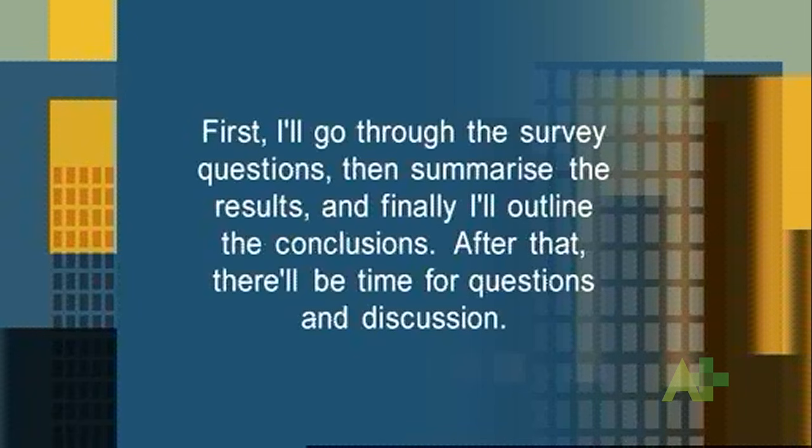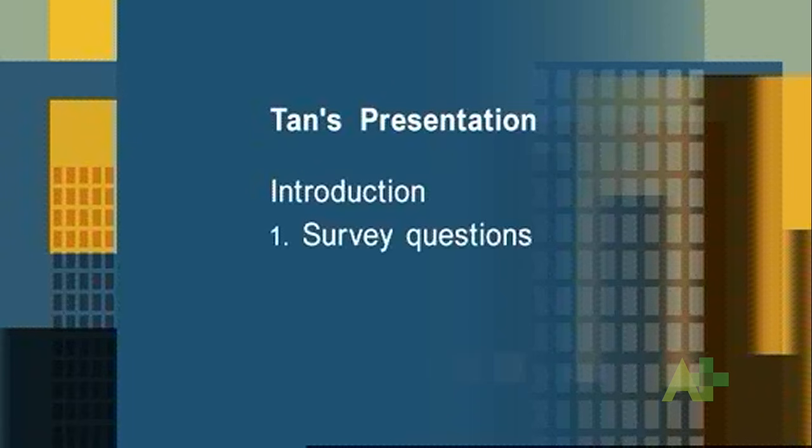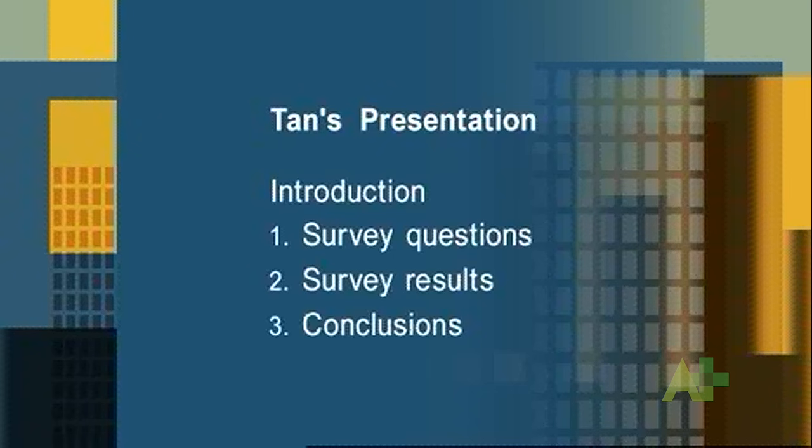There were 3 parts. Notice how he signals this by using sequencing words. First, then, and finally. The structure of his talk is introduction, then part 1, survey questions, part 2, survey results, part 3, survey conclusions.